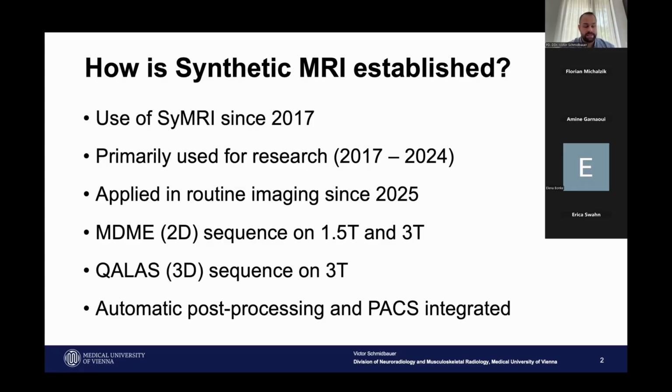With regard to the 3D QALAS sequence, we do not only acquire 2D data, we acquire 3D data, so we get multiple contrasts based on one single sequence acquisition in multiple planes.